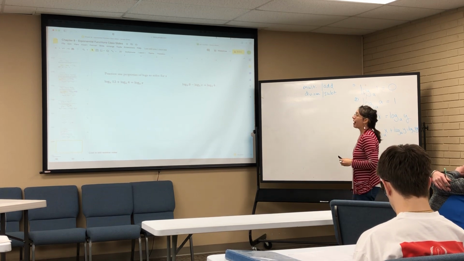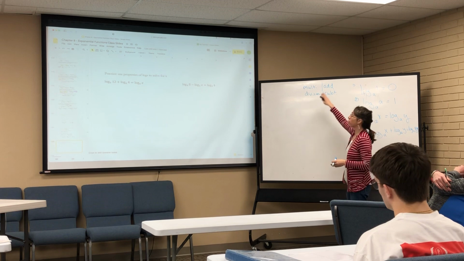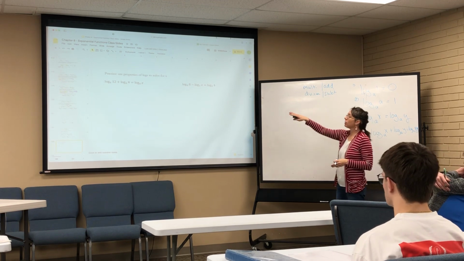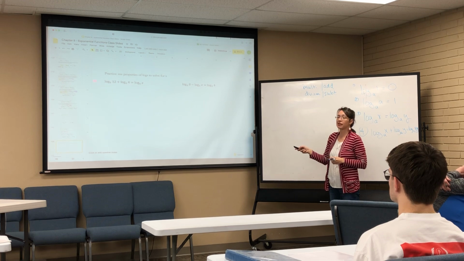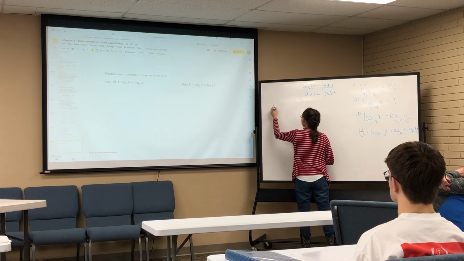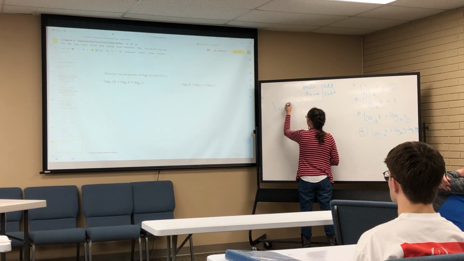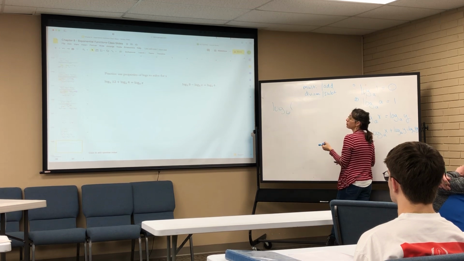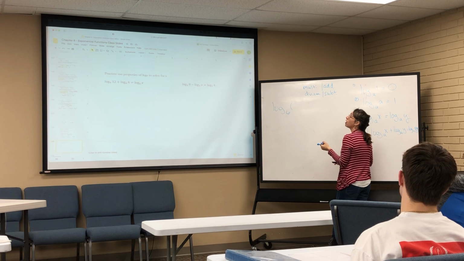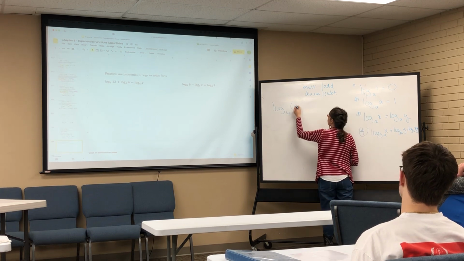Okay, we have addition. Addition is the friend of multiplication. Can we multiply these? Are the bases the same? Yes. So for the left side, we're going to write log 6 of what? What's our new number? 12 times 4, 48.